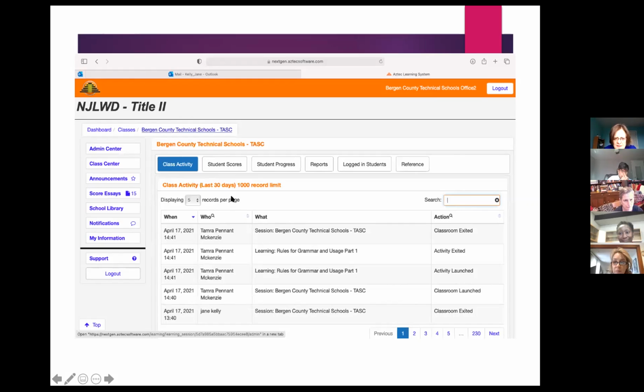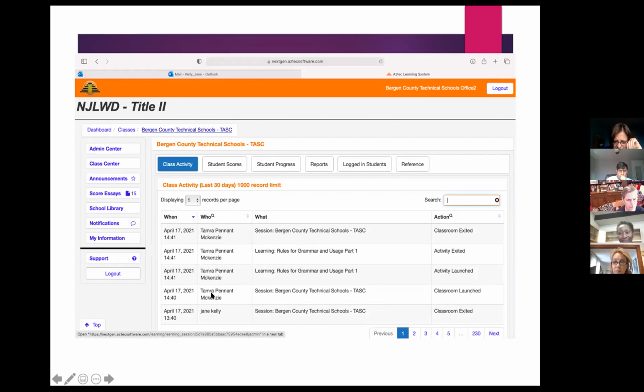Then the other thing is you can see the class activity. So this is showing me only the task class. Since I have students who use pre-HSE, I would have to go back out and see if anybody was in. It gives a great deal of information, because everything Tamara did, these four things, happened between 2:40 and 2:41. So it tells you every little thing they clicked.